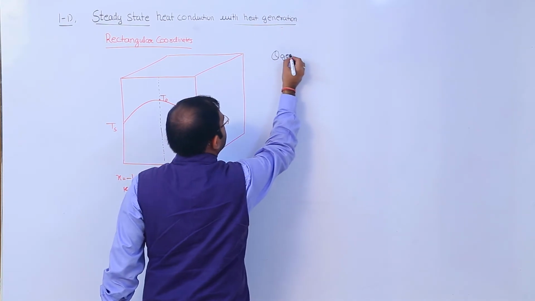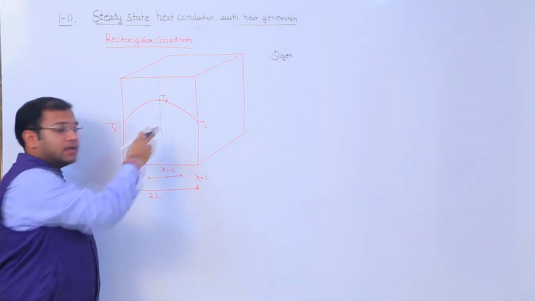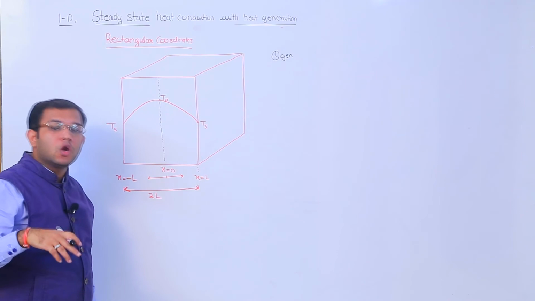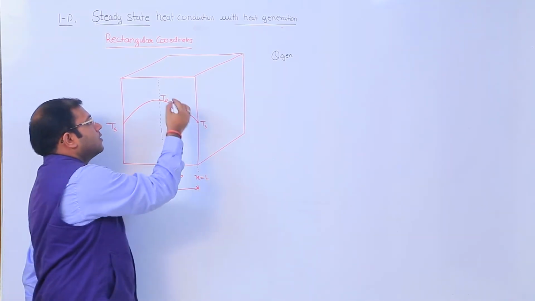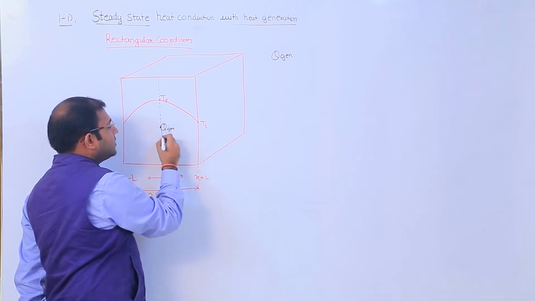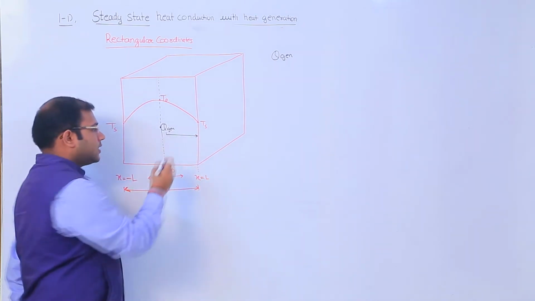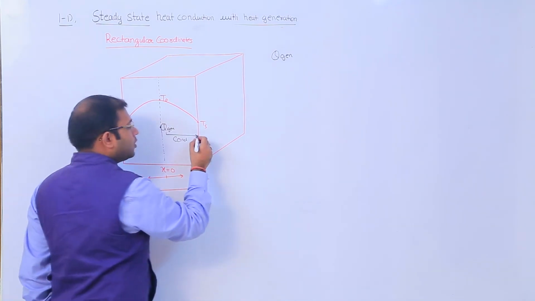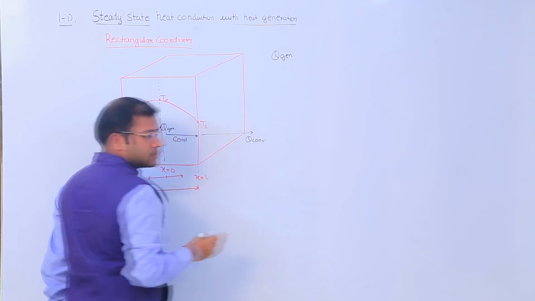Fine. Now what we say is that your Q generation, the amount of heat generated in this rectangular slab, will ultimately be lost to its surrounding. So here is your Q generation, and this heat will propagate by means of conduction to the surface, and beyond the surface it will be lost by means of convection.